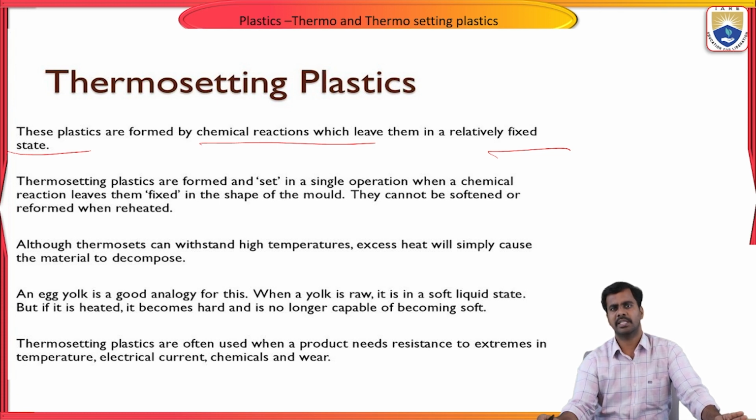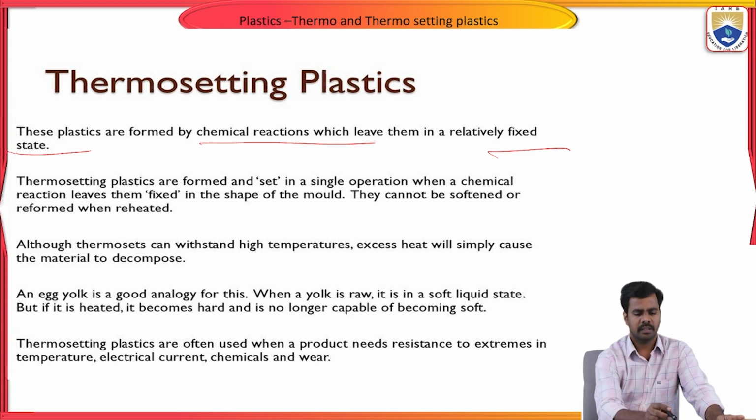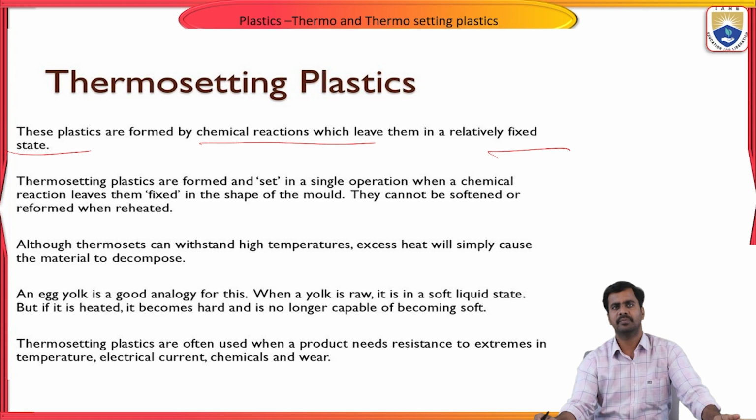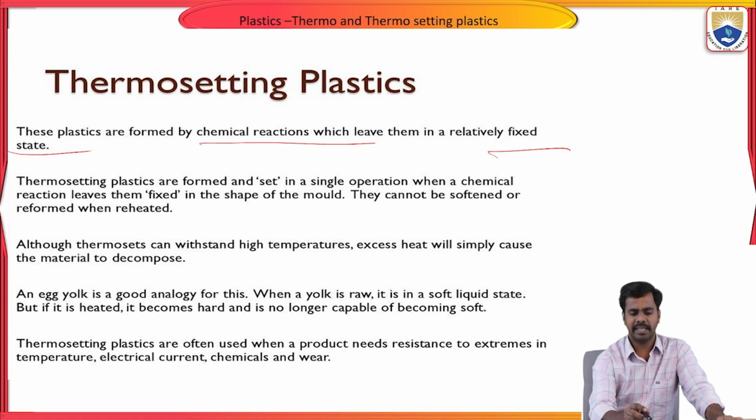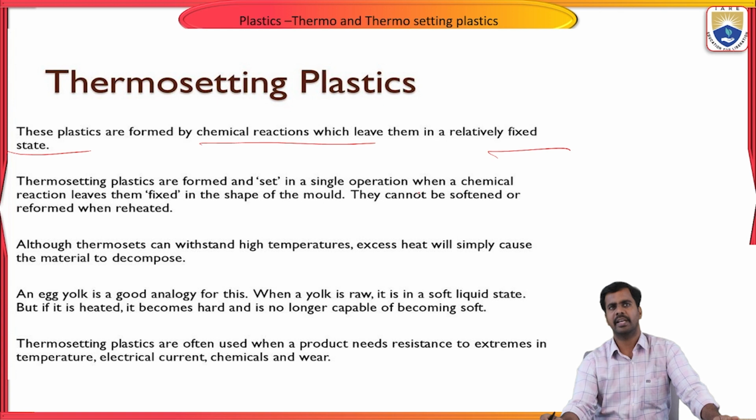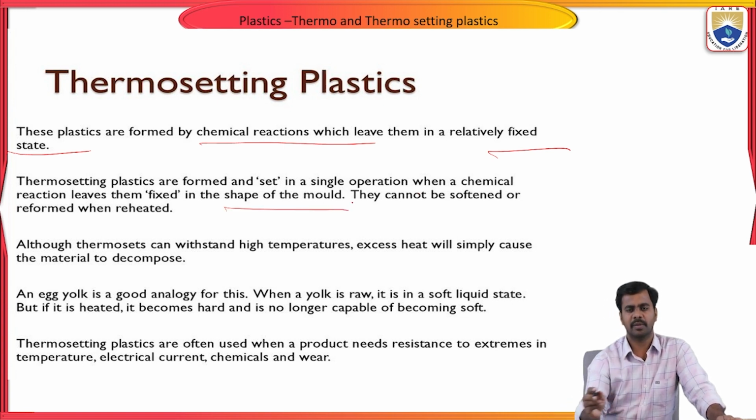So thermosetting plastics are those plastics that cannot be remolded once the reaction is completed. They do not come back to the initial stage. Thermosetting plastics are formed and set in a single operation when a chemical reaction leaves them fixed in the shape of the mold.